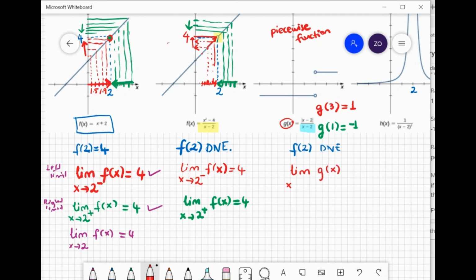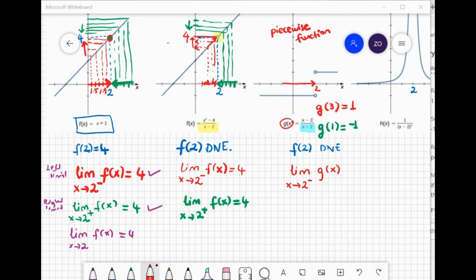Okay? So limit of g of x as x goes to 2 from smaller values. So what does it mean? As x takes values closer to 2 but less than 2, what would be the limit of this function?